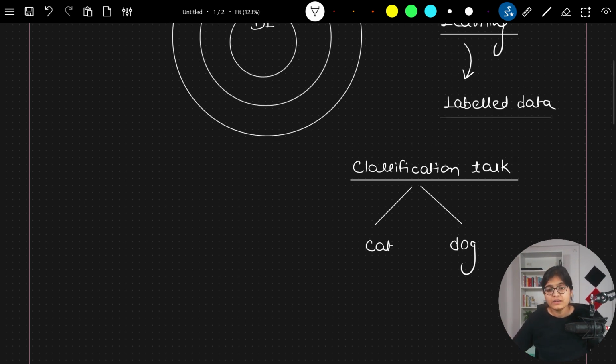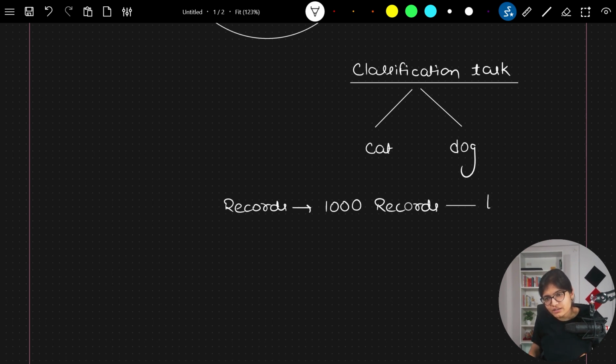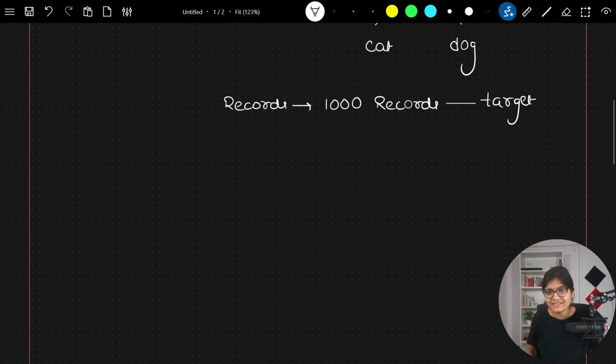Now, when you are passing the records, suppose you are passing maybe 1000 records. In these 1000 records, you are passing a target value, and this target column indicates either the category cat or the category dog.